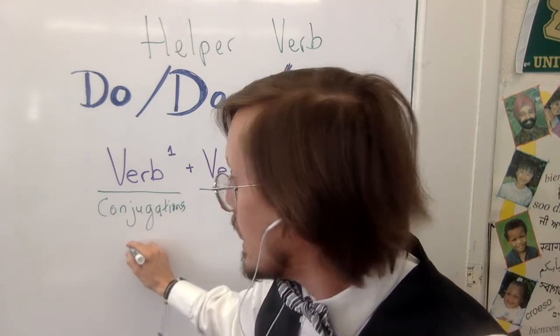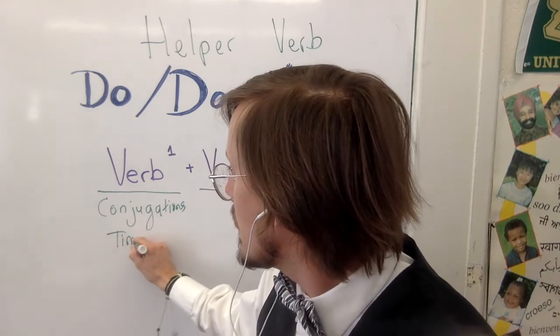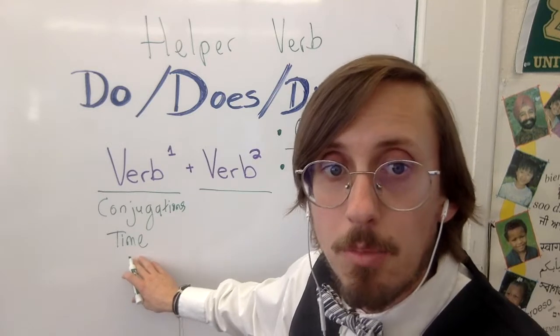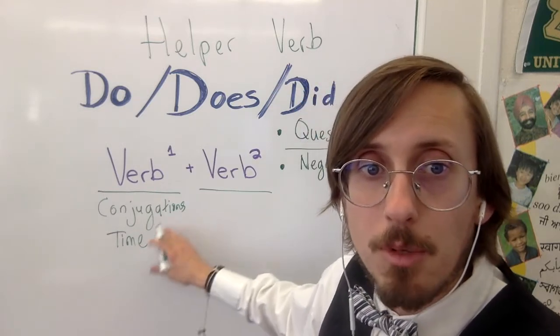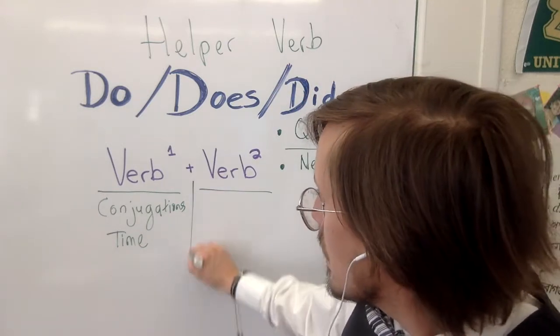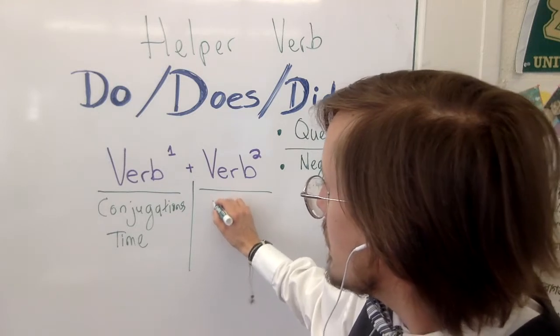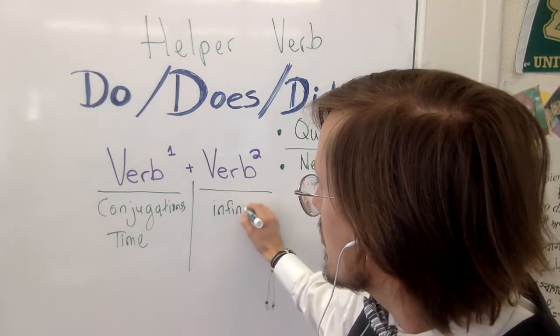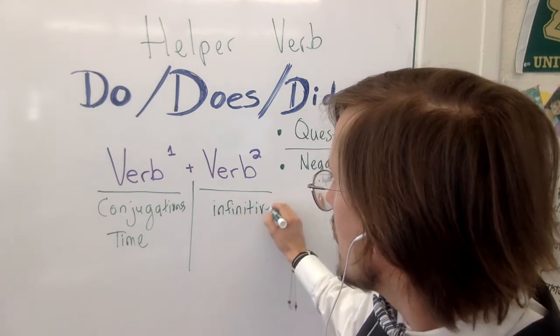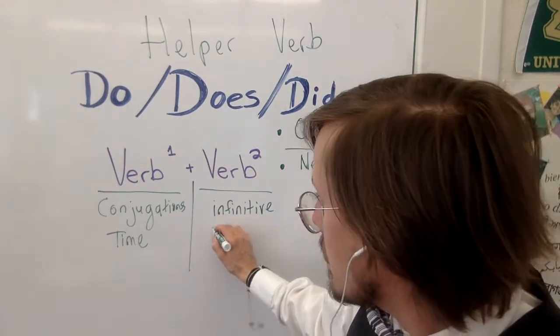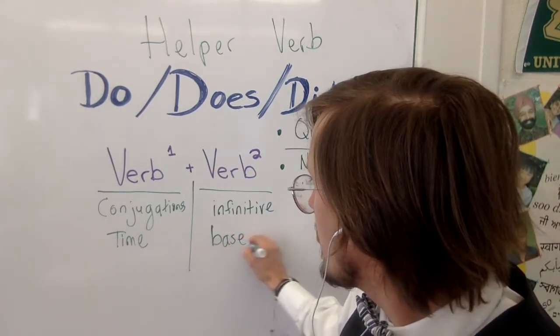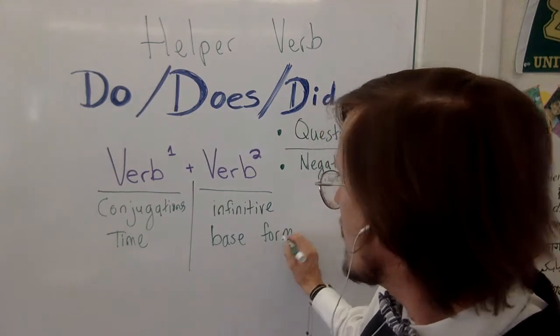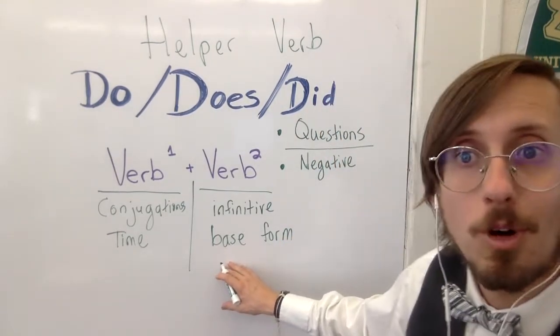It will show time, like the past, the present. It will show conjugations. The second verb will be the infinitive, also known as the base form. This is like the dictionary form of the verb.